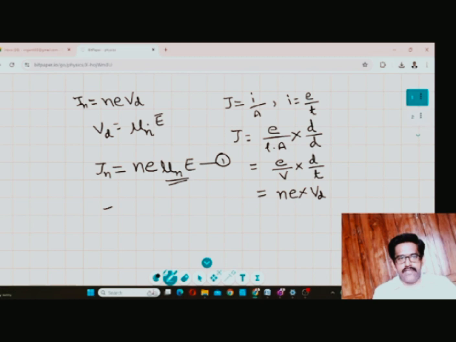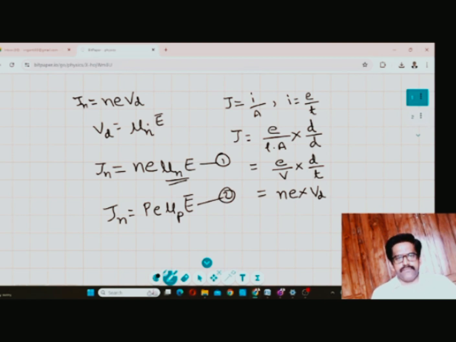Similarly, for a p-type semiconductor, we simply write p: Jp equals p e mu p E. Let this be equation 2.